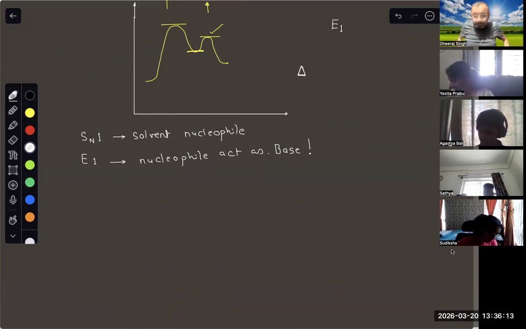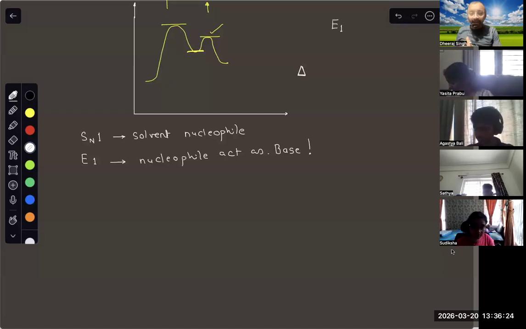So in elimination, it's about the base. Sometimes they will write a strong base when elimination is happening. So always remember: in substitution, the nucleophile attacks carbon; in elimination, the nucleophile attacks hydrogen. Okay.